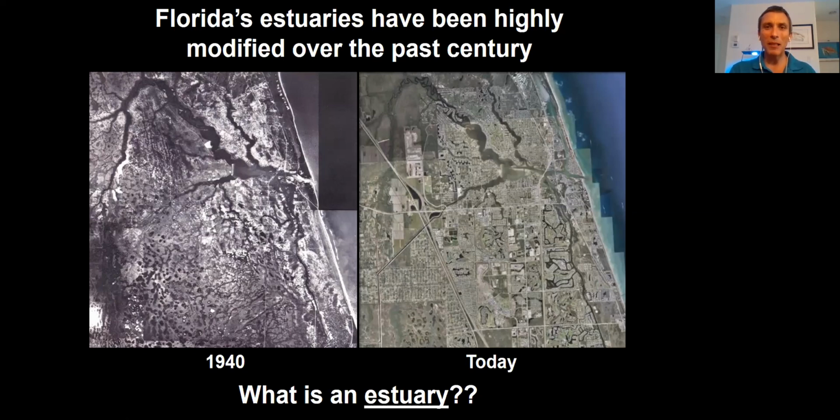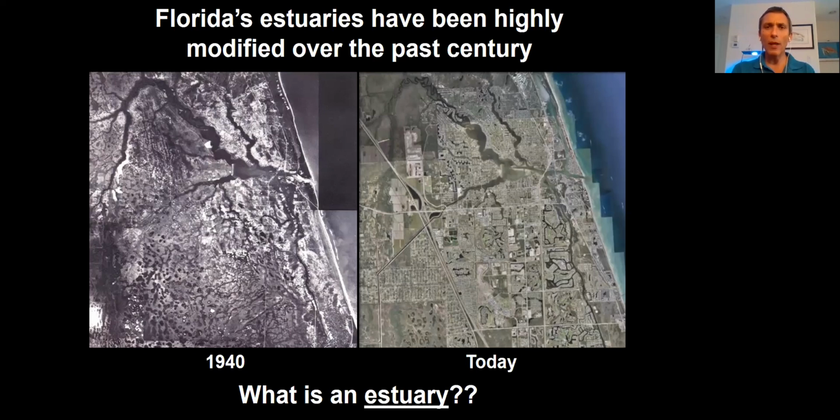I'm sure some of you may live in houses that were built pre-1940. Some of you may have spent time in Europe, or you may have stayed in a hotel that was 200 or 300 years old. Florida has the oldest city in the United States with St. Augustine, but it was actually one of the last states to be fully developed. It was the Wild West here into the early 1900s. So in a really short period of time, we have highly modified our estuaries and the habitats that they support.